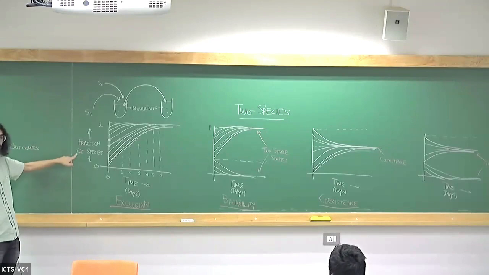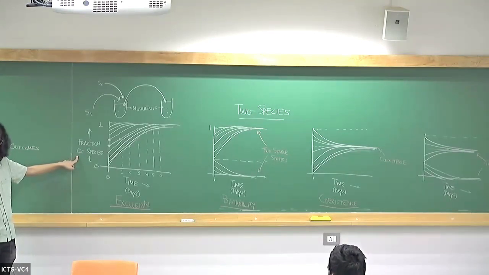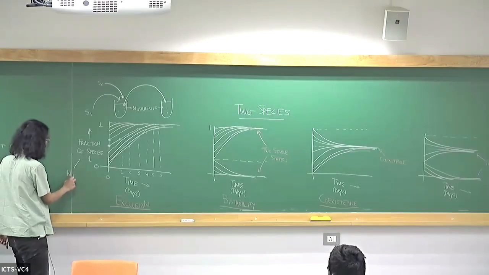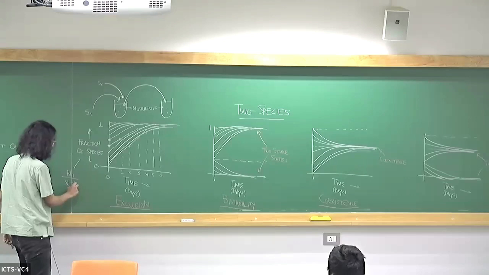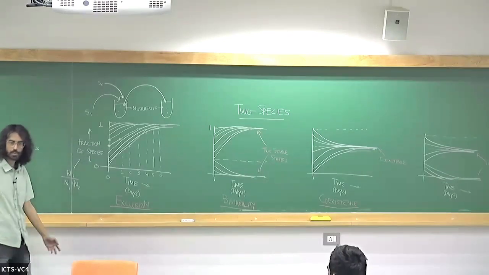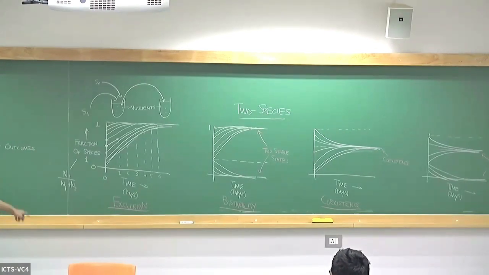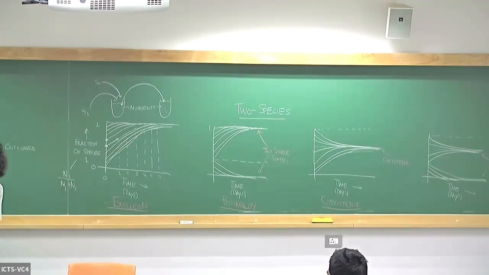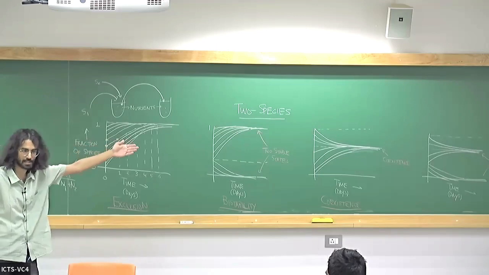That's why we're taking the fraction of species 1. The fraction of species 1 requires us to measure the numbers of both of them. This is n1 over n1 plus n2. So I need to know both of them. If I were just tracking the abundance of n1, I would be lost.